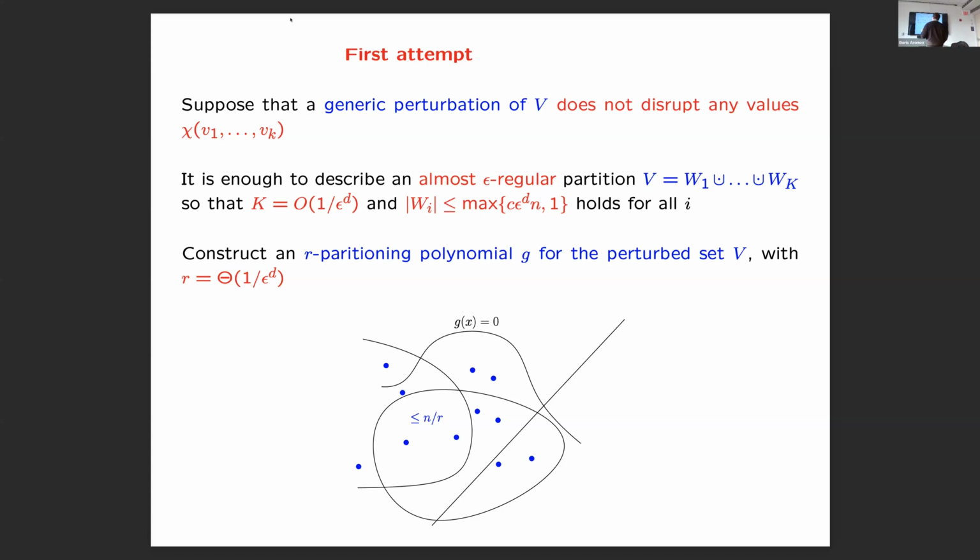The assumption we are going to make is that one can apply a generic perturbation to your point set, for which you seek an epsilon-regular subdivision, that does not disrupt the k-wise relation over all the k-tuples.